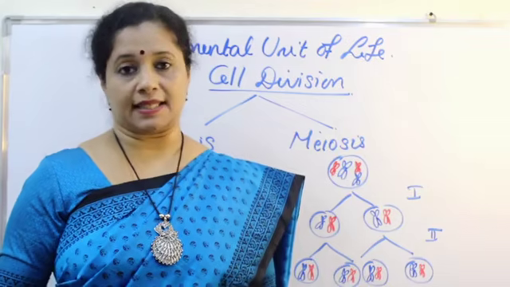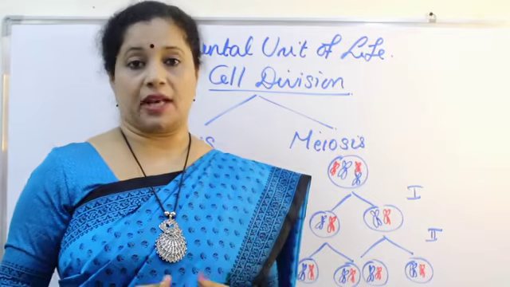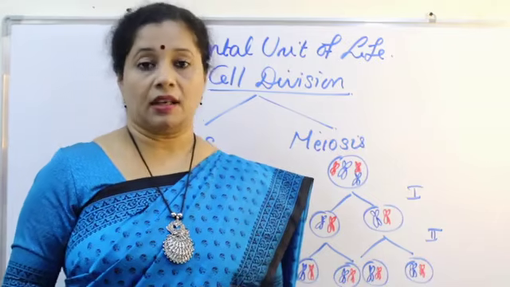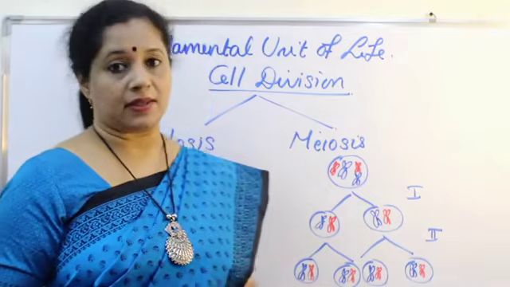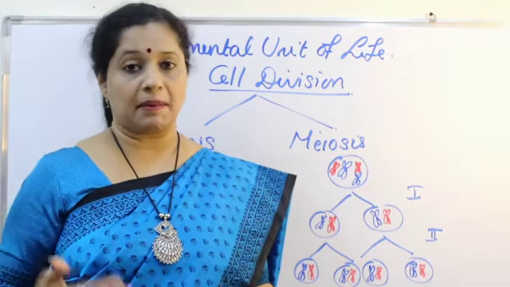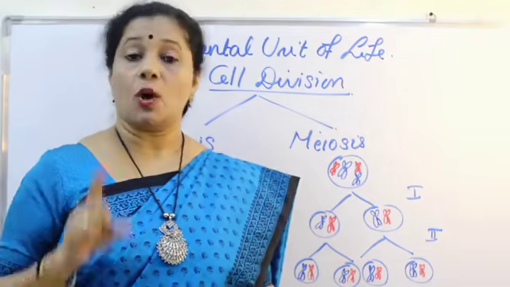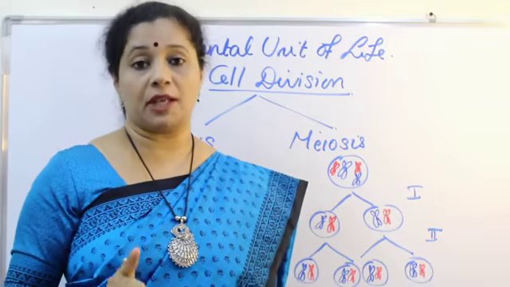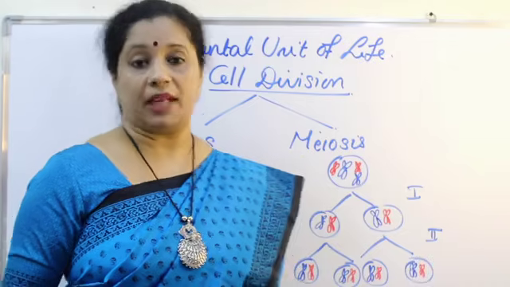So in such cases, only for the production of gametes for reproduction, in our body, another type of cell division takes place. That is called a meiosis. Remember, for all the rest of the processes like growth, repair, maintenance, replacement, everything, we have mitosis. Only for gamete formation during sexual reproduction, we have a division called a meiosis.